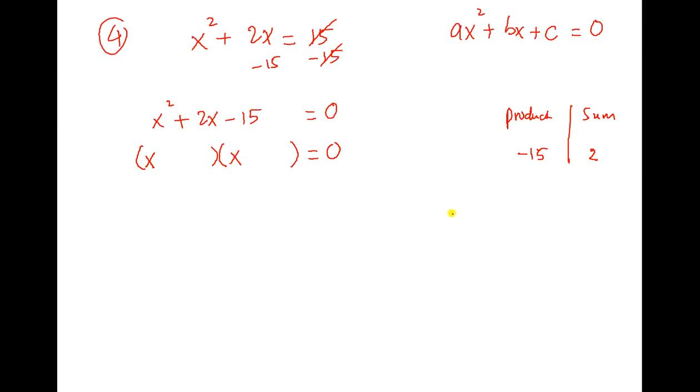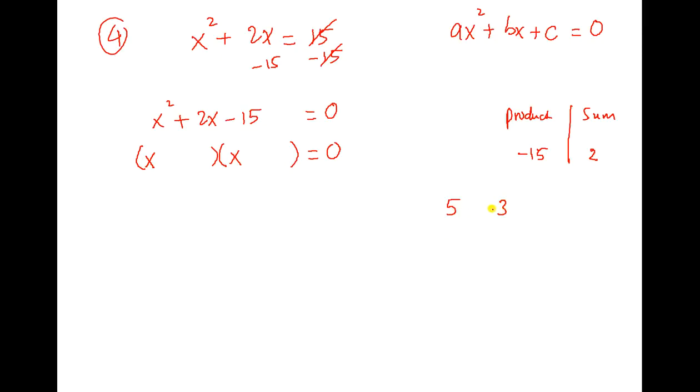Well, because the product is minus 15, at least one of the numbers must be a negative number. So I can think of maybe 5 and 3. So 5 times 3 is 15.